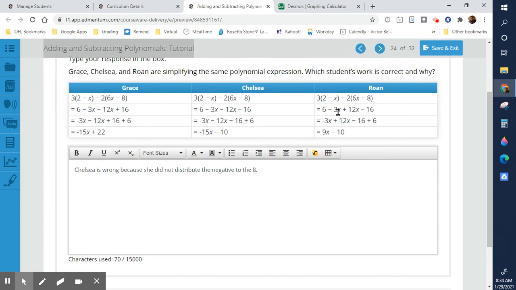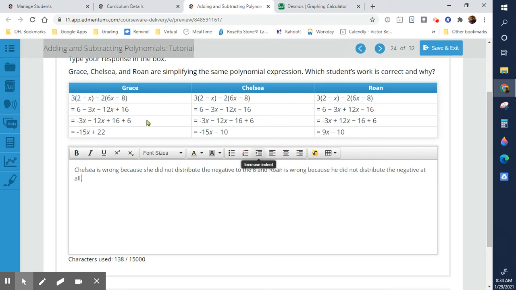This one did not distribute the negative at all.